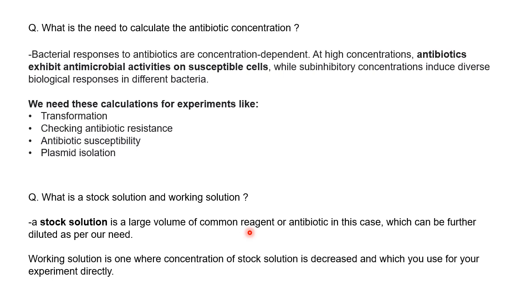Okay, so what are working solutions? A working solution is one where the concentration of stock solution is decreased by using a solvent, and this is the one which you use for your experiment directly.